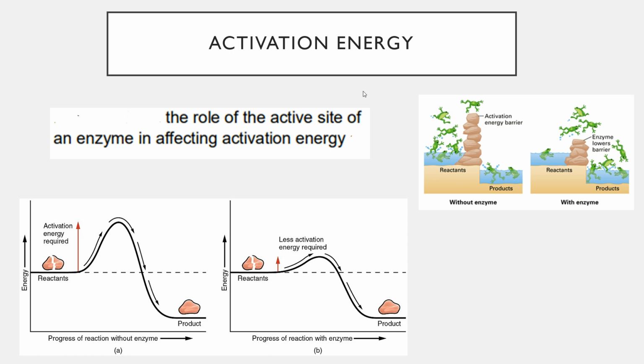We need to supply some energy to convert our reactants to products, but because the reaction itself is taking place within the active site, this decreases the amount of energy that's required. Without enzymes, we would not be able to do these reactions quickly enough to sustain all of the cellular functions.